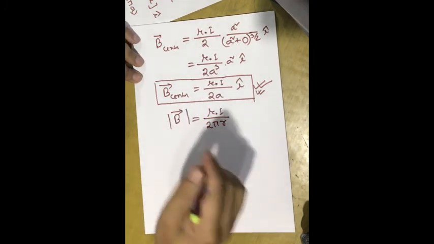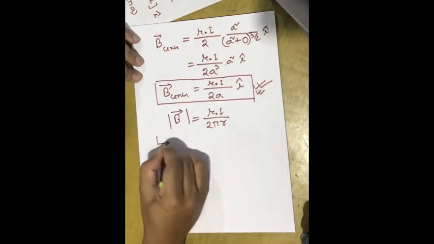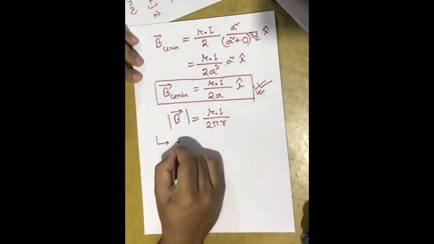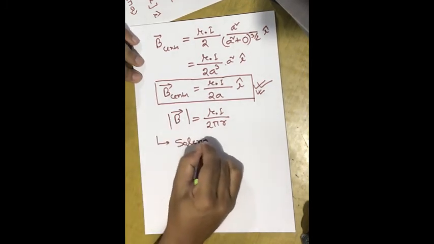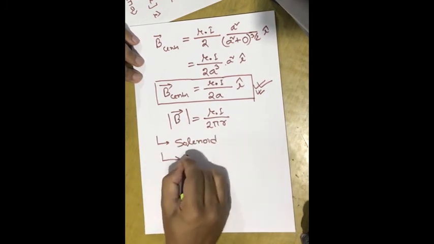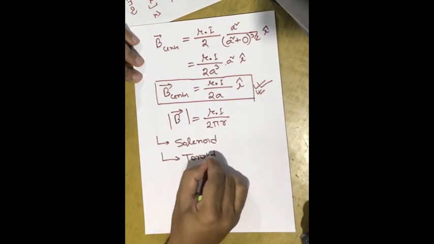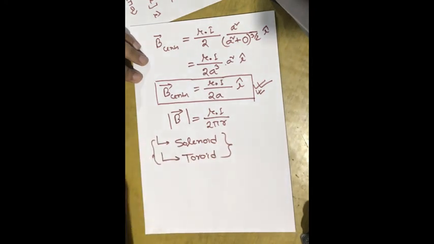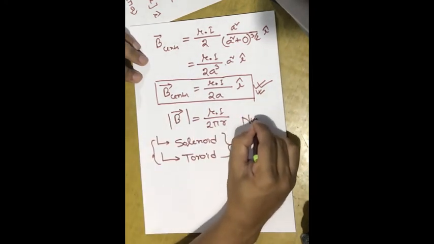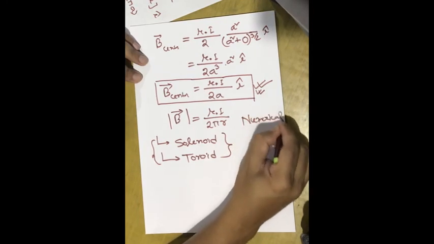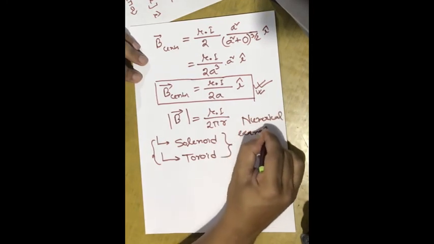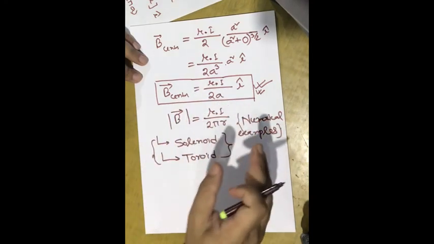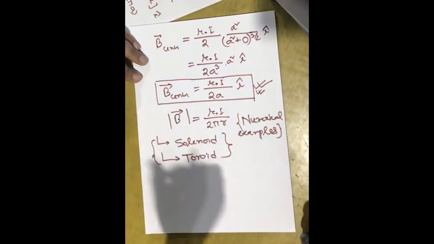In the next class I am going to discuss two different kinds of devices. One is the solenoid and the other is the toroid. These two devices I am going to discuss in the next part of the video, and after that we are going to do numerical examples based on the topics which I have taught you till now.